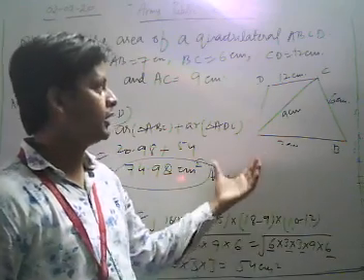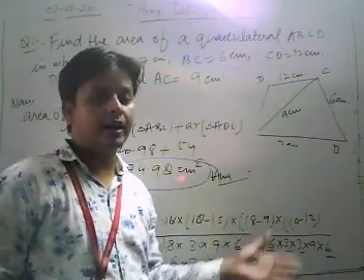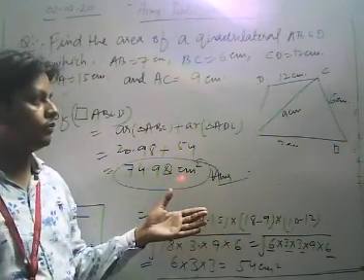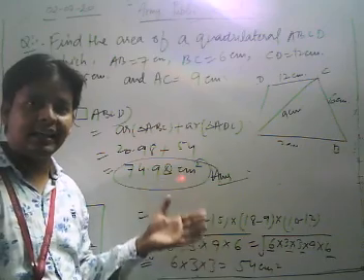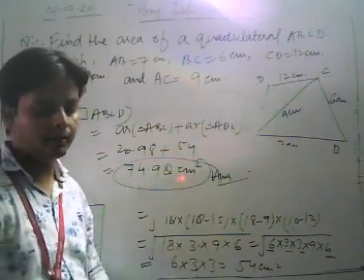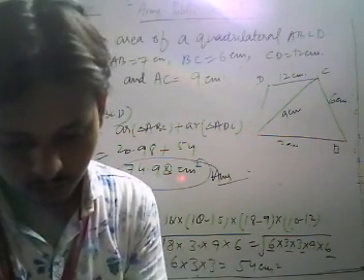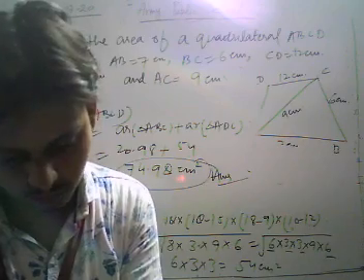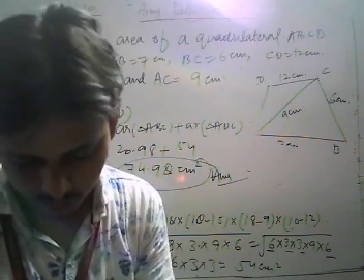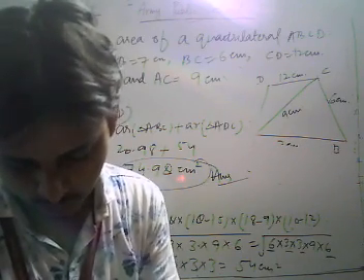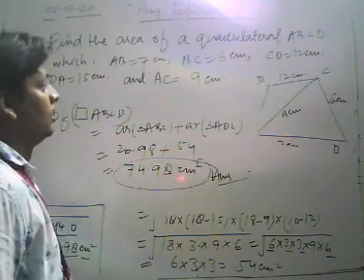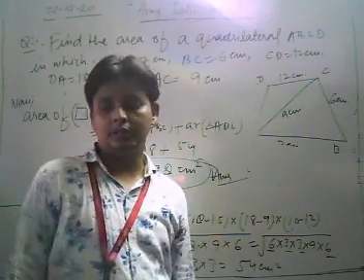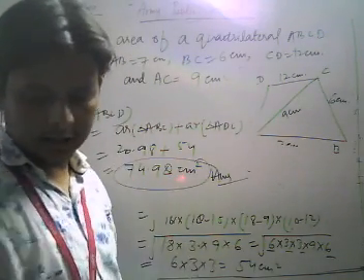So in this method, we find the area of quadrilateral ABCD. Now we solve some other questions. We take some other type of questions.